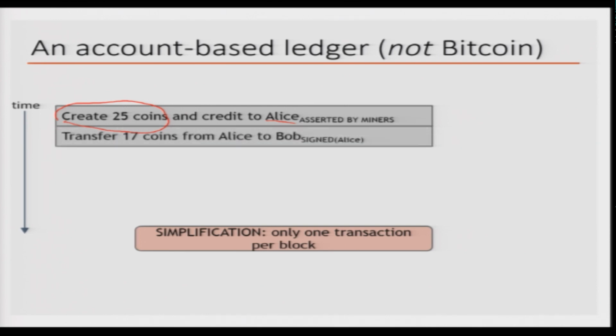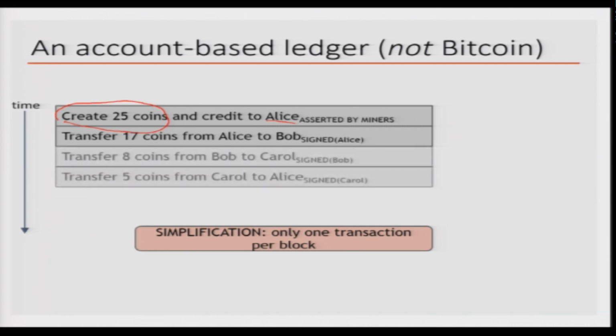Then let us say Alice transfers 17 coins to Bob and digitally signs the transaction, and then Bob transacts 8 coins to Carol, signed by Bob, and then 5 coins are given by Carol back to Alice.